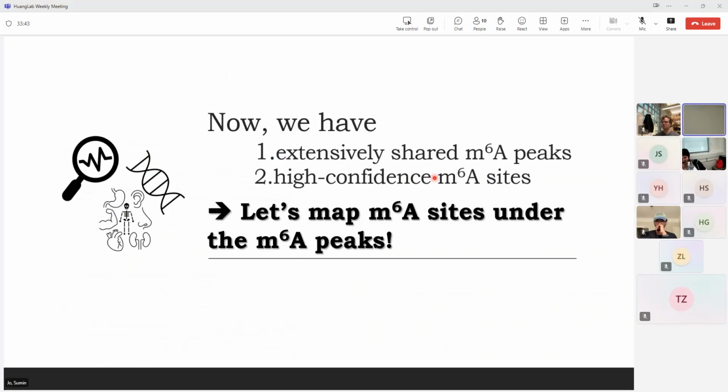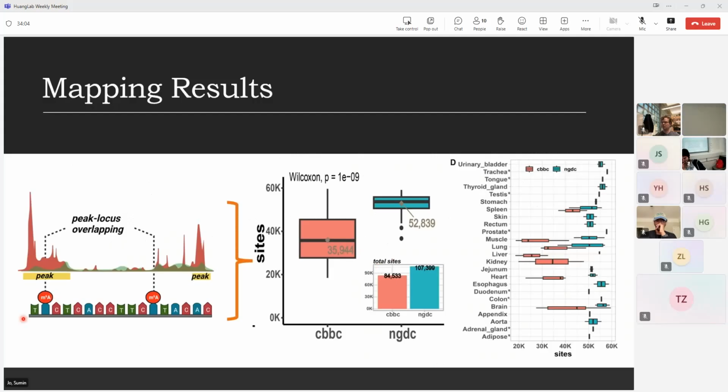After this validation, now we have those extensively shared m6A peaks and those high confidence m6A sites. With these two, we map the high confidence sites and the shared m6A peaks. We overlap the predicted peaks across tissue data and the selected high confidence sites together, and then we compare the peak locus overlapping result.